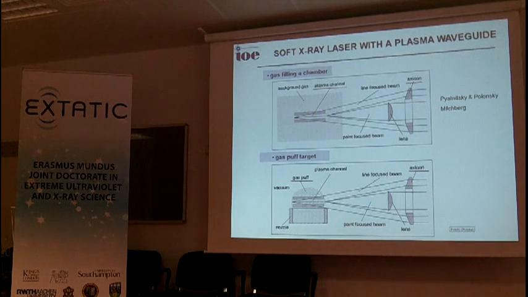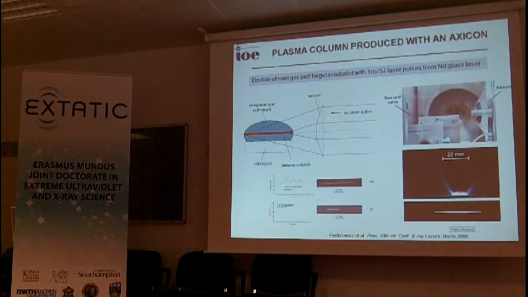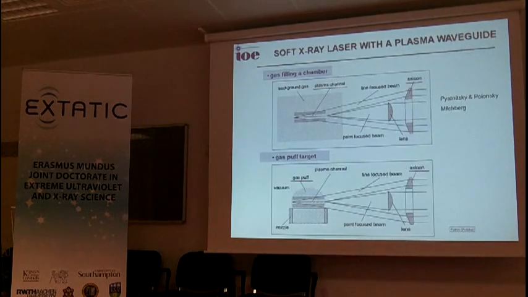Okay, so we also use this target for generation of active media for X-ray lasers. There are proposals by Milchberg and by Russian colleagues to produce such an active medium in the form of a plasma waveguide.